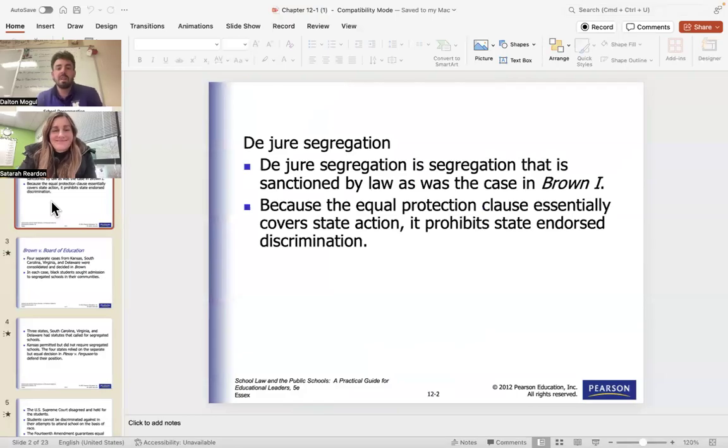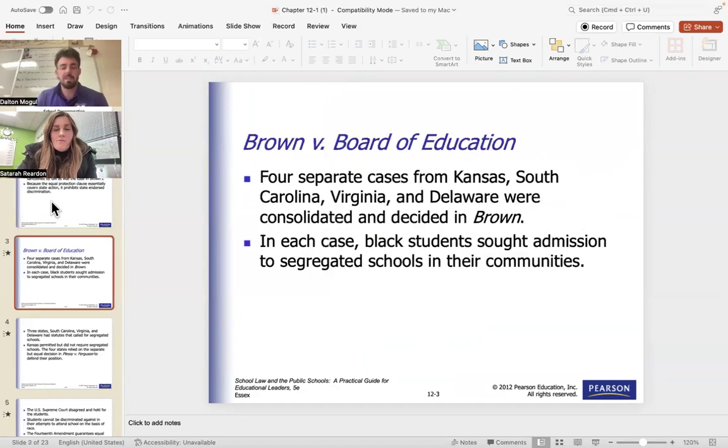So starting with defining the term, de jure segregation is segregation as sanctioned by law, as was the case in Brown. Because the Equal Protection Clause essentially covers state action, it prohibits state endorsed discrimination. As we all know, school segregation existed in the school system until the 1960s.